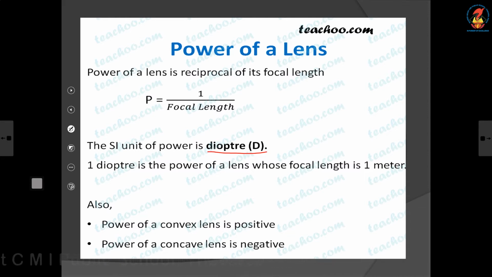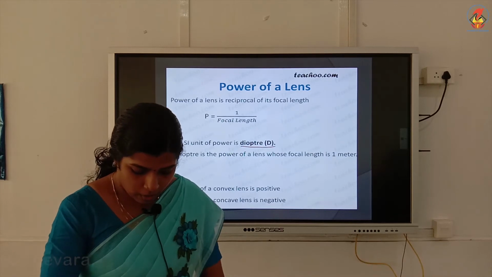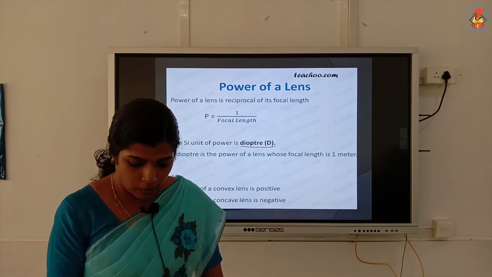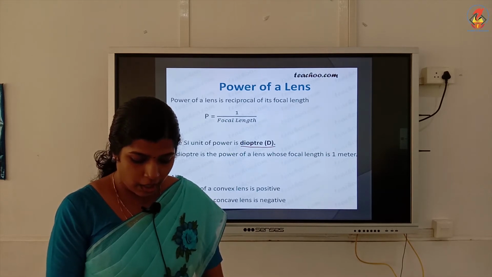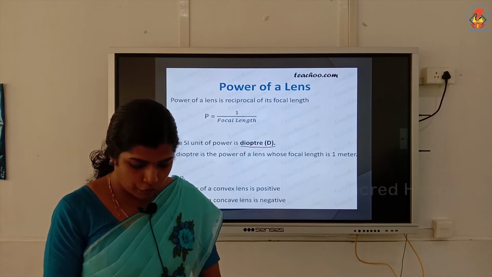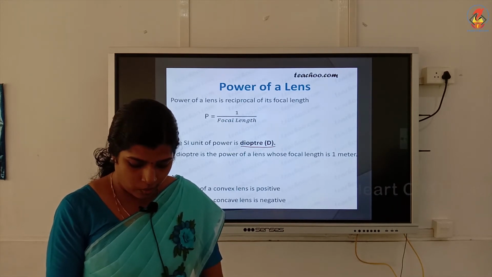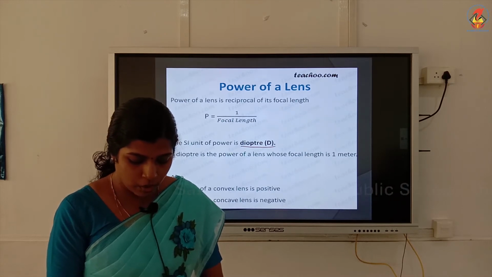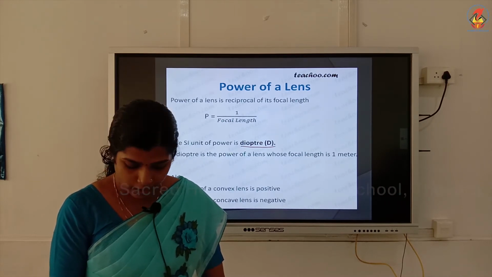Then just underline it in your textbook, page number 183. The ability of a lens to converge or diverge the light ray depends on its focal length. A convex lens of short focal length bends light rays through larger angles by focusing them closer to the optical center.